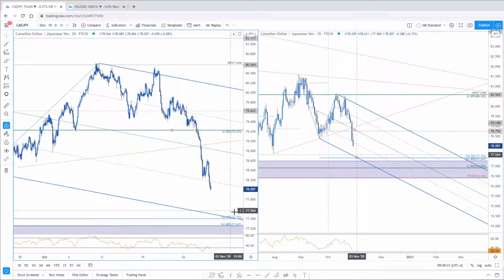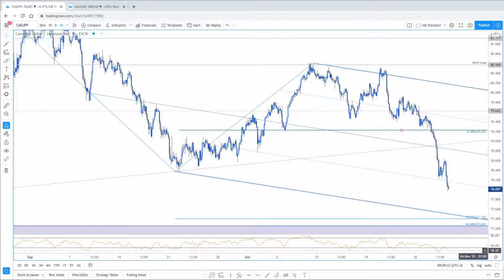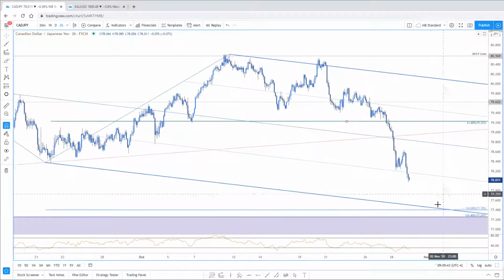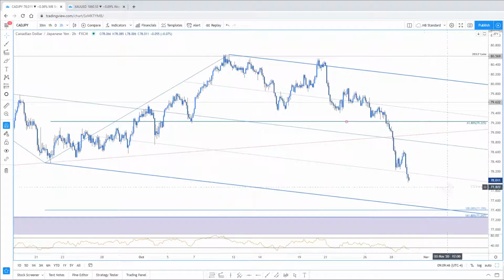Quite a play. I like it. Here's your monthly opening range lows, which you've already broken. Keep your eye on resistance ahead of that median line. Downside target 77.40 should offer you a nice level.